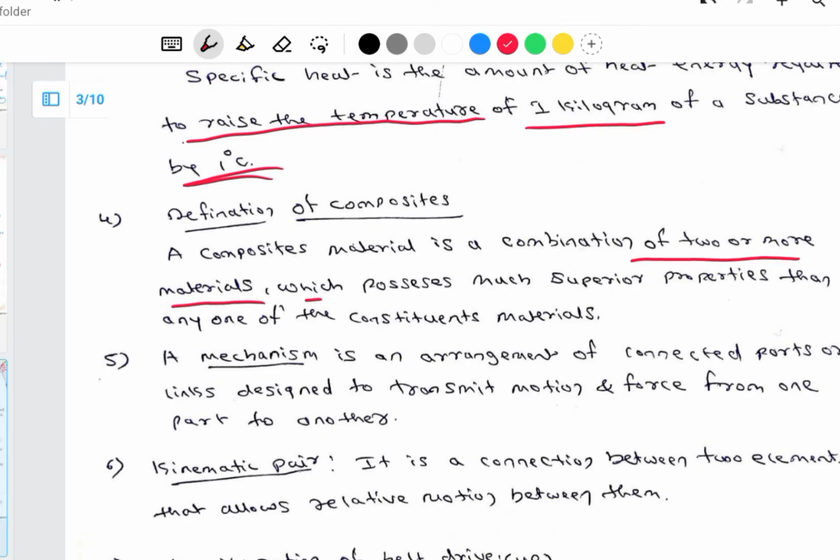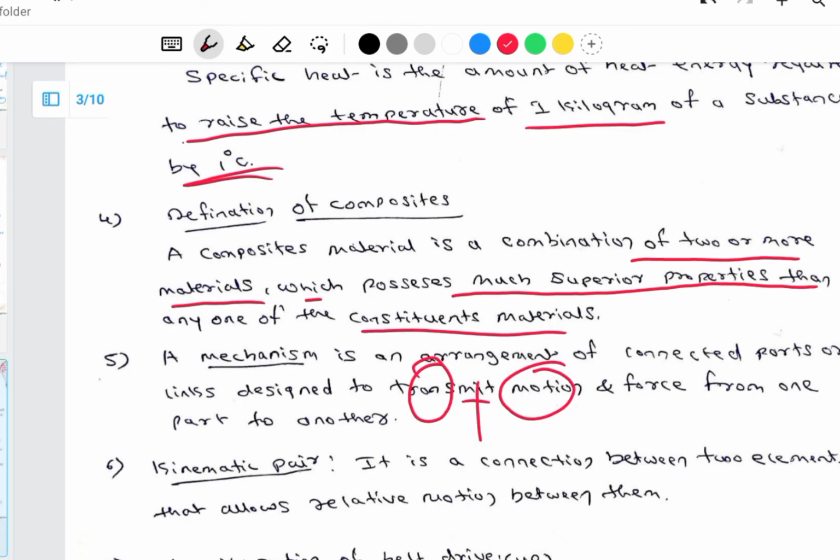A composite material is a combination of two or more materials which possesses much superior properties than any one of the constituent elements. Consider material A and material B. If you mix these two materials, the property of the new material C will be much better than A and B.